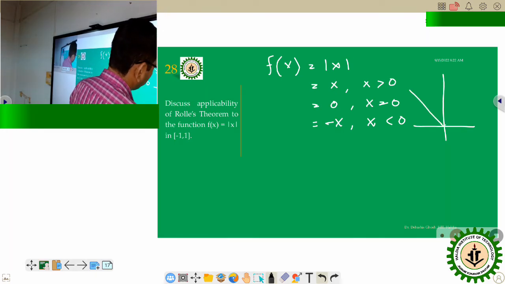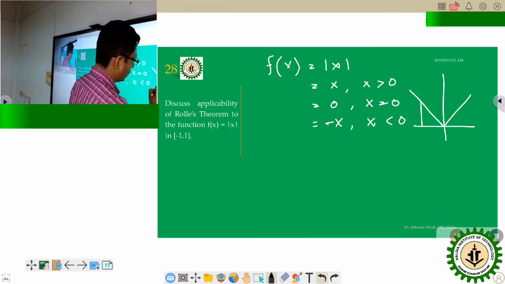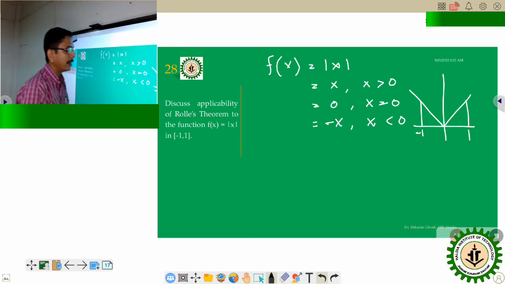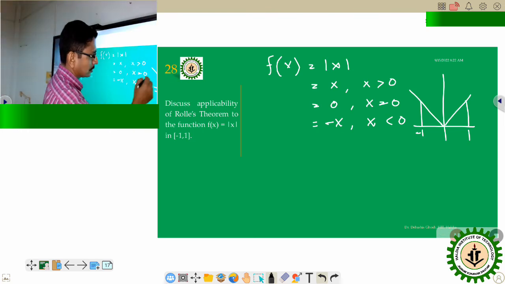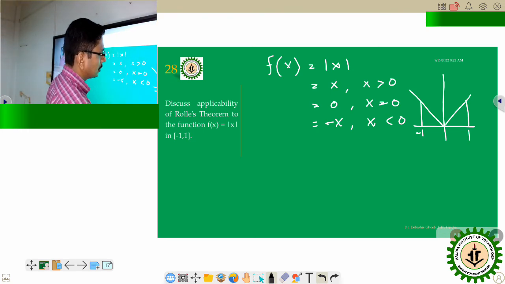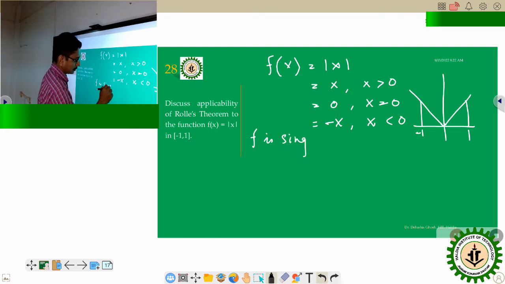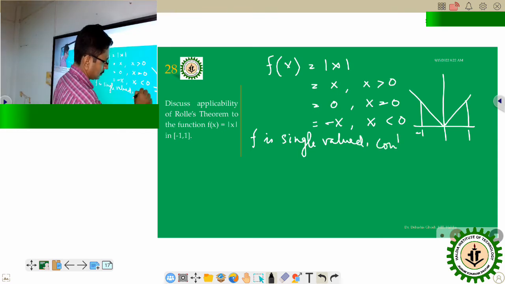Suppose this one is minus 1 and this one is plus 1. In between the interval minus 1 to 1 the function is continuous. There is no break in the function. So we can say that f of x is a single valued continuous function over the closed interval minus 1 and 1.